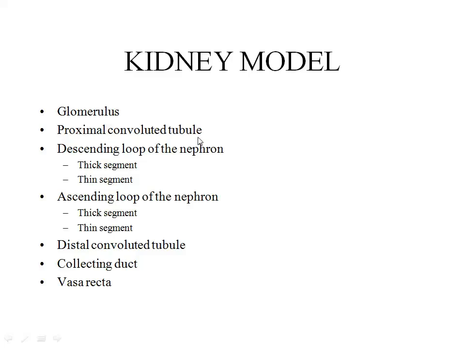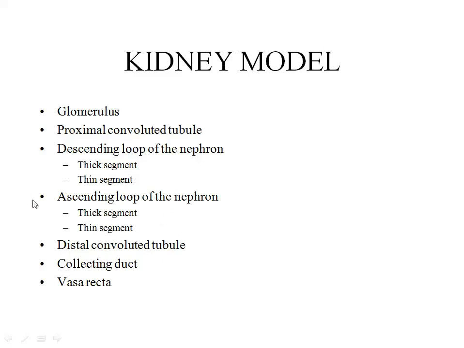Then the proximal convoluted tubule, after the Bowman capsule, at the neck portion you will find the origin of this proximal convoluted tubule, which is the first part of a nephron. So it is called proximal, and then the descending loop of the nephron, which has a thick segment and thin segment portion, then the ascending loop of the nephron. Again that is thick segment and thin segment, and then the distal convoluted tubule.